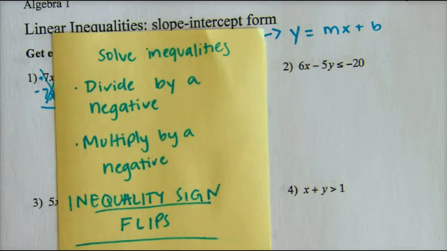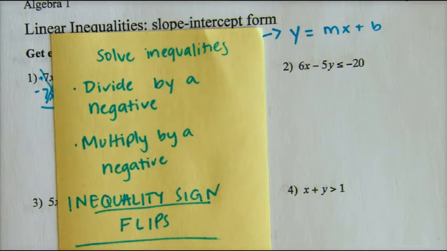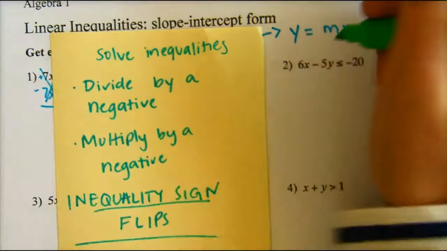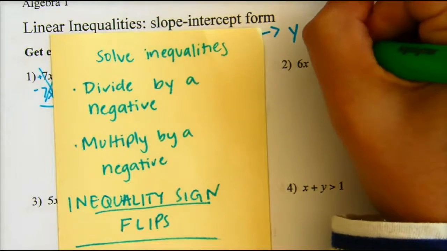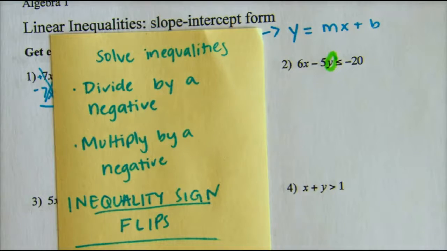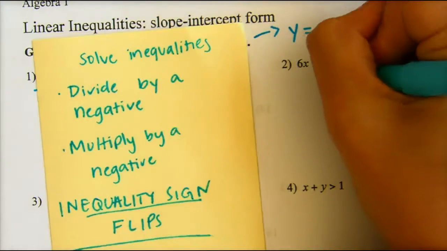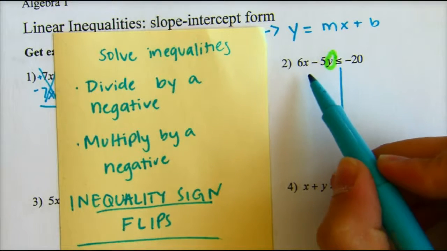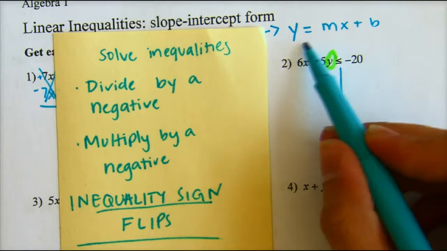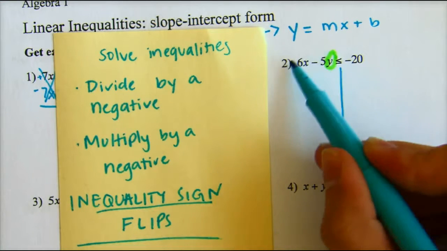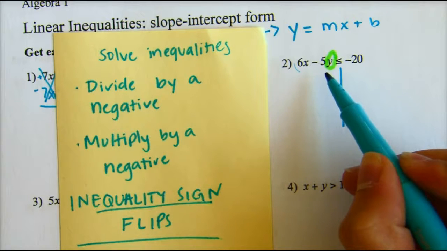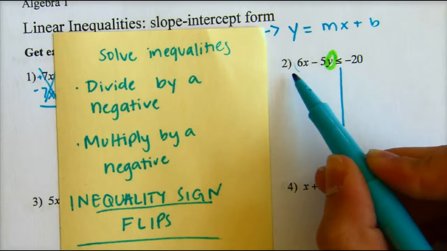So I'm going to leave this over here. For number 2, again, I'm trying to get this into slope-intercept form, so I'm trying to get the y by itself. I'm going to draw just a short wall. Okay, so my first step, I want to look for the term on this side of my inequality that doesn't have a y. What number or variable doesn't have a y next to it? Right, the 6x.